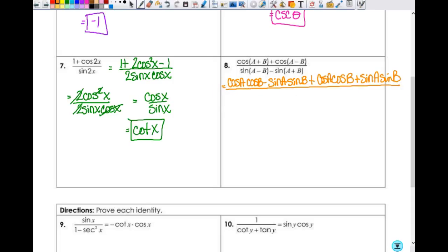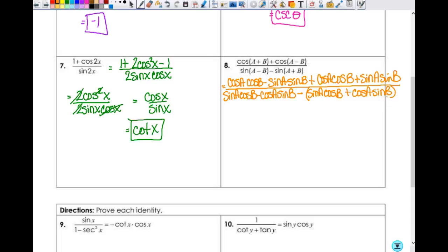Then in the denominator, the sine of a minus b gives me sine a cosine b minus cosine a sine b, minus, and since I'm subtracting something with more than one term, I need parentheses. This is going to be sine a cosine b plus cosine a sine b.